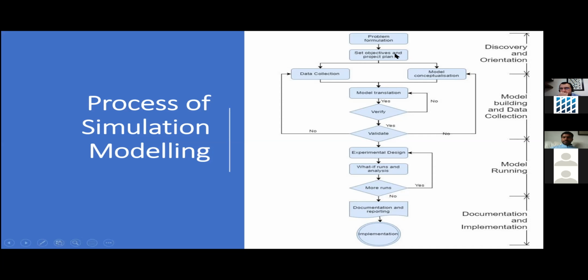The next step here is establishing independent and dependent variables, which we do in setting objectives and project plans. So we create a project plan with all the resources that are in the system, the questions that we are answering, who is going to do what, what the variables in our system are, which of them depend on something, and which of them are independent.